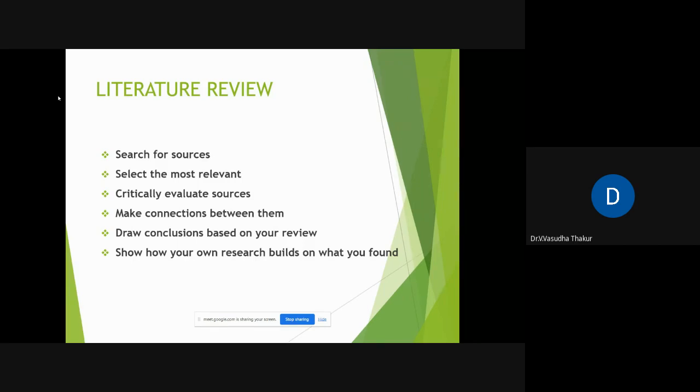Here, I recommend you follow the Scopus website, which is available for free access, the UGC CARE list. All these places you can see, and many in Shodhganga. It is a reservoir of all the PhD theses.